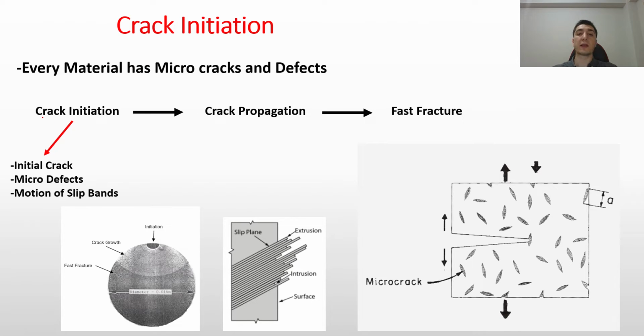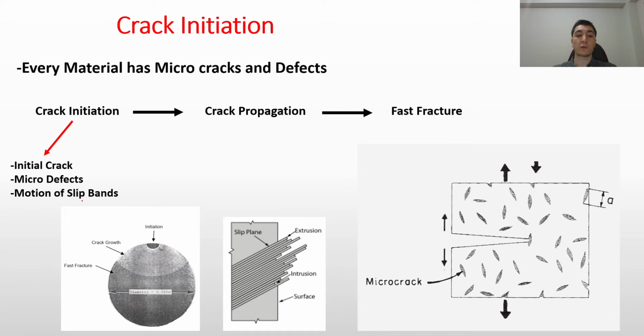So what causes crack initiation? This is the question. It can be an initial crack, or maybe it can be micro defects. Every material has micro cracks and defects. Maybe there are hundreds of them, maybe thousands of them. We don't know that.